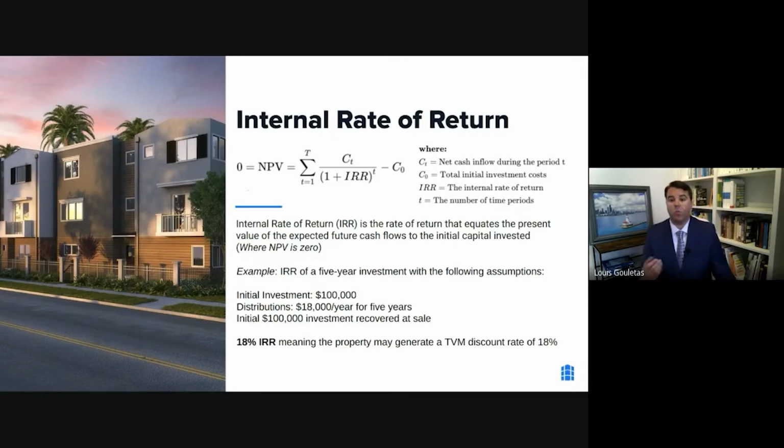So if one property has an 18% IRR, as we see here, we can generally state that, providing we calculated the NOI correctly for each property, along with all the other assumptions including what we can sell it for later, a 16% IRR property would be less attractive than an 18% IRR.